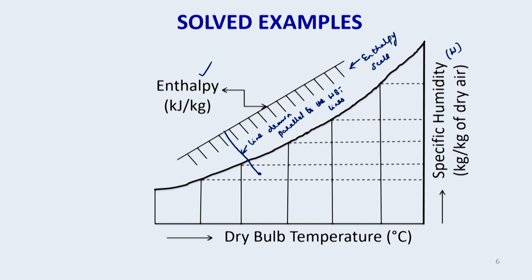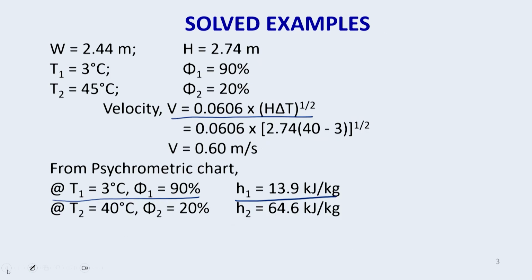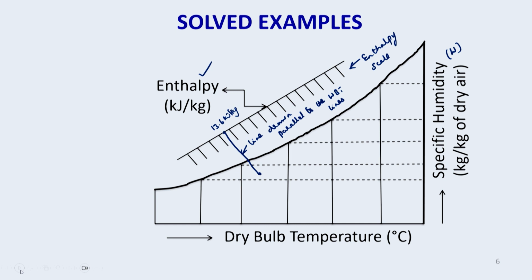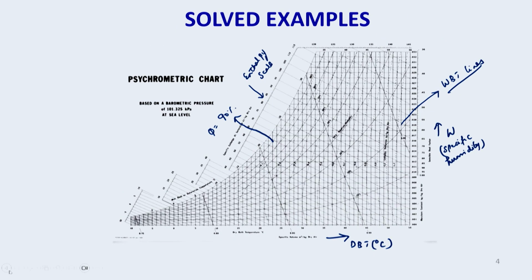So this value will say, for example, 13.9 kilojoule per kg, which is around 14 kilojoule per kg. This is how we have to take the enthalpy value. This is just a sample; we can use the actual chart. Since the letters are not clear in this chart, I have explained with a sample one.